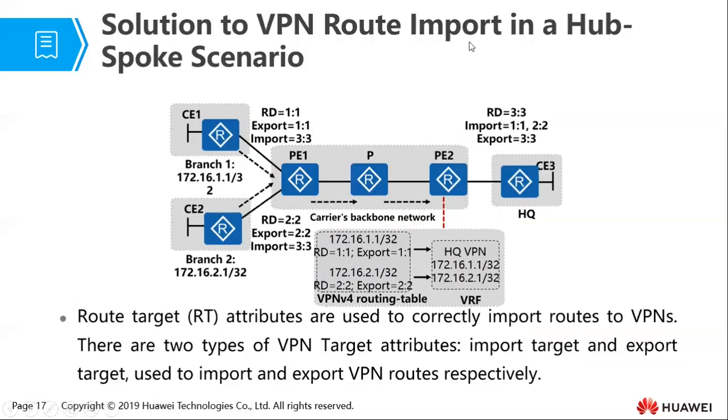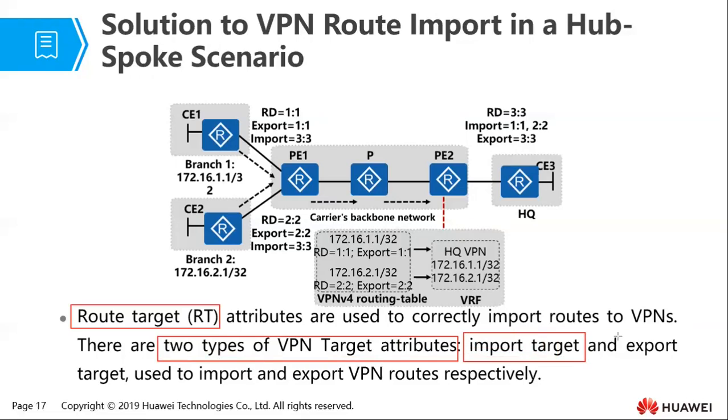That is done using what we call a route target. Route target attributes are used to correctly import routes to VPNs. Generally, we have two types of VPN target attributes. The first one is called the import target, and the next one is called the export target.